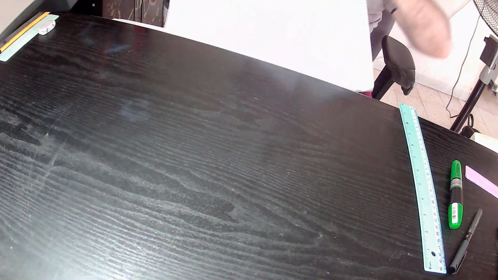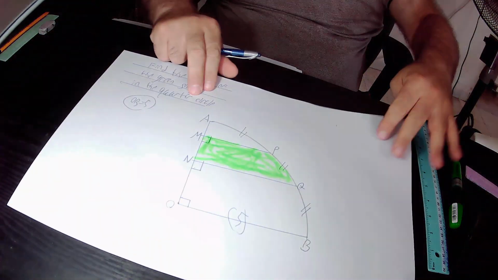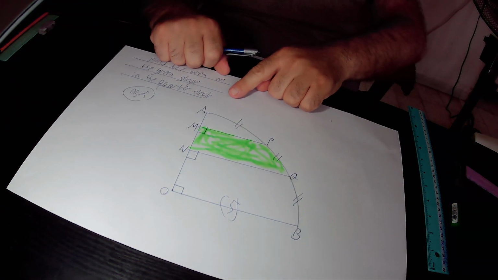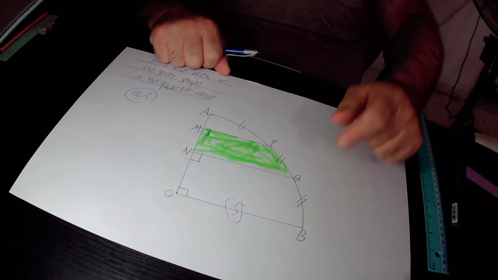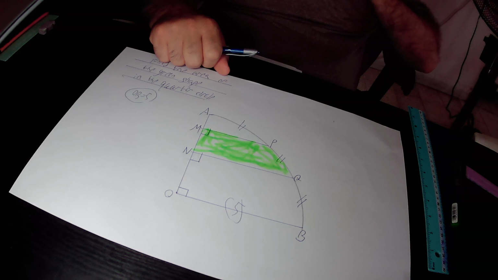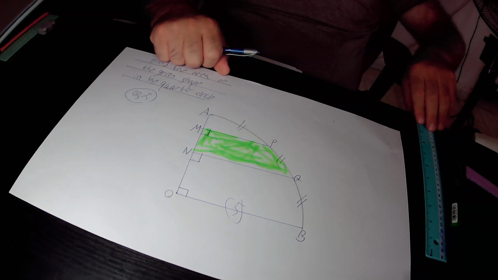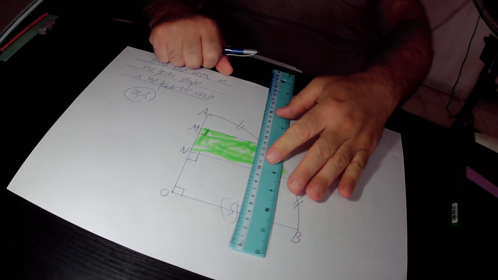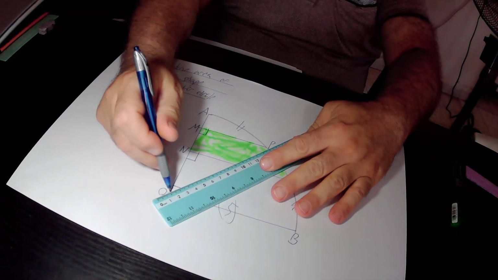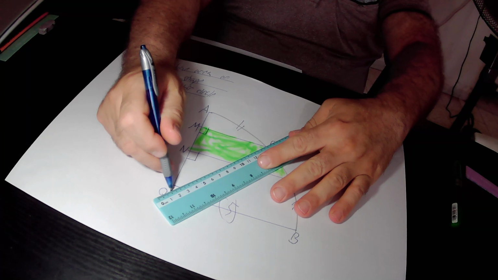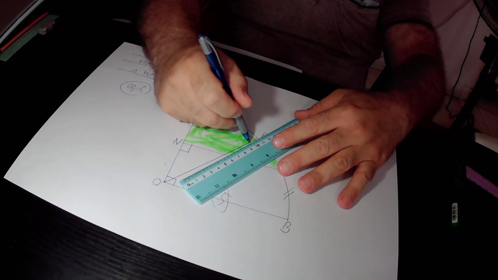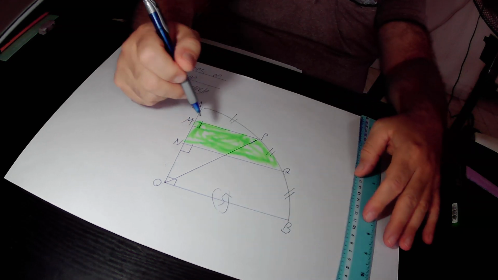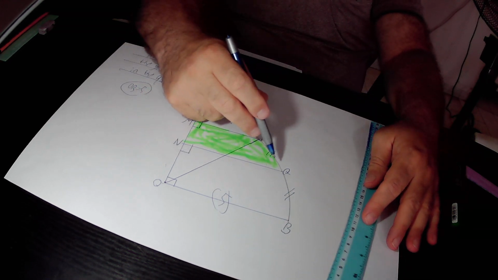Now in our drawing, the question gives us that arc AP equals arc PQ equals arc QB. In the next step, we will join points O and P together by a straight line, and we also join points O and Q together by a straight line.